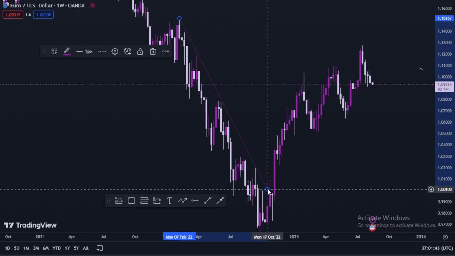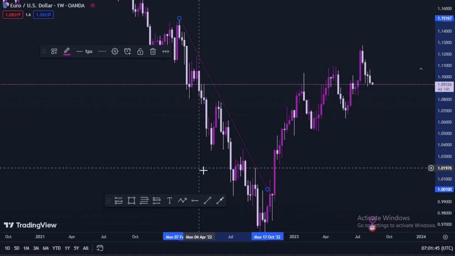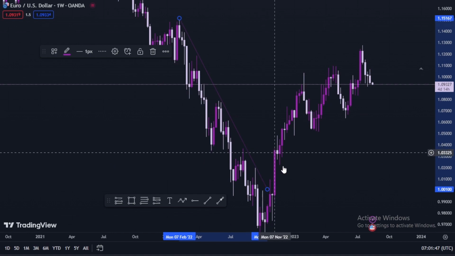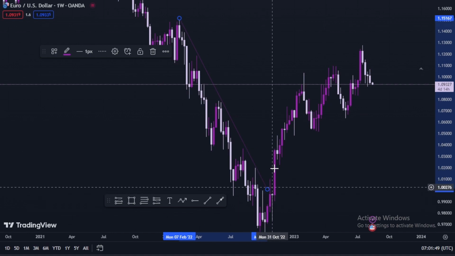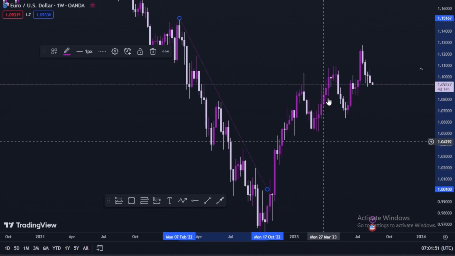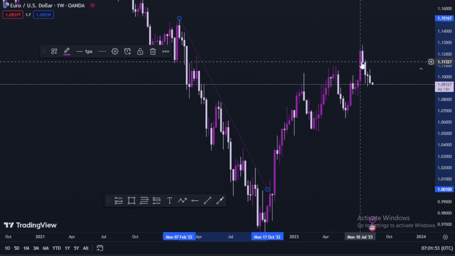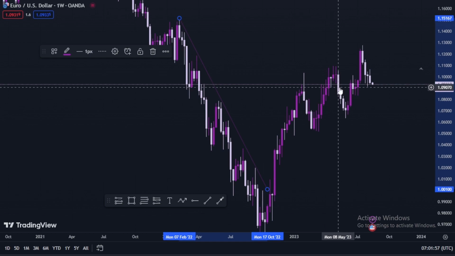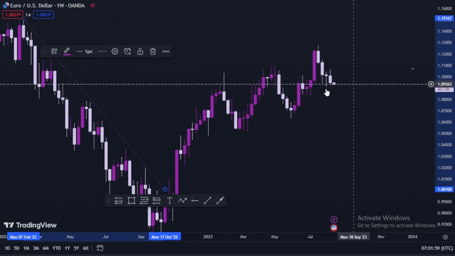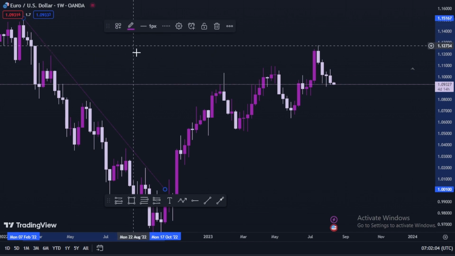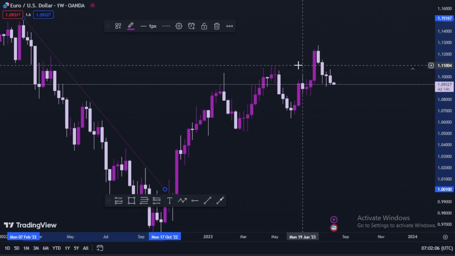And from there we had a little bit of change of market structure and character in the market to the upside, creating higher highs and higher lows into the 61.8 of the monthly time frame. And that massive rejection that we saw, look at this very massive bullish momentum into that discount of the monthly that we saw the other time.